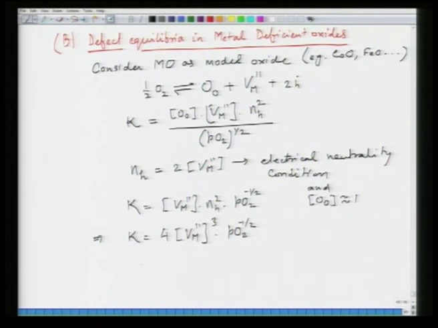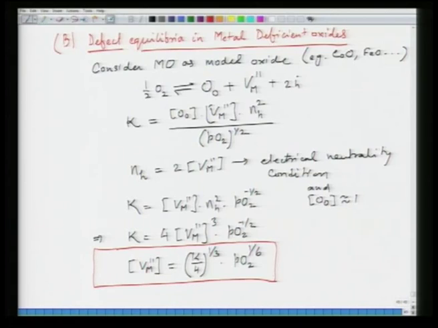So, Vm double dash, just see there was a mistake here, it will become K by 4 to the power 1 by 3 into PO2 to the power 1 by 6. So, this is the expression for Vm, and this is also equal to NH by 2, since NH is equal to 2 Vm. Okay. So, this is the expression for pressure dependence for hole concentration.